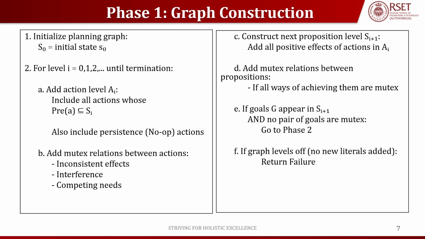And then you have to construct the next propositional level, that is Si+1. And then you have to add mutex relations between the propositions, and then if goal state G appears in Si+1 and no pair of goals are mutex, if those two conditions are satisfied, then you can go to phase 2. Otherwise, if graph levels off, then you have to return failure.